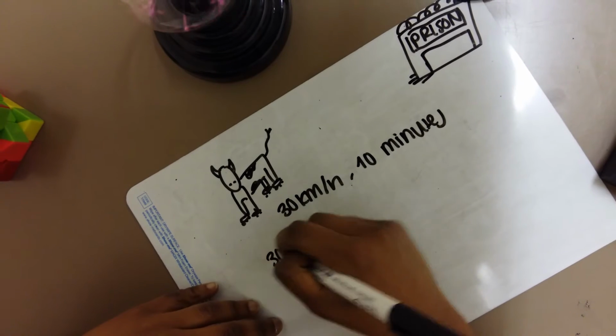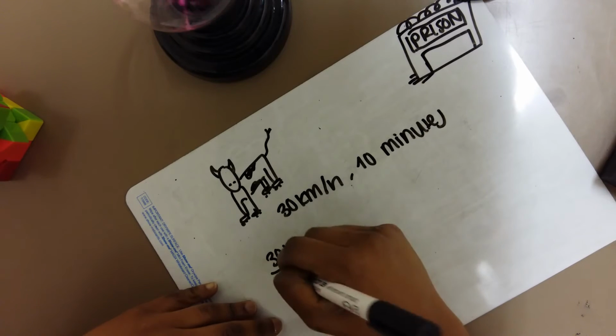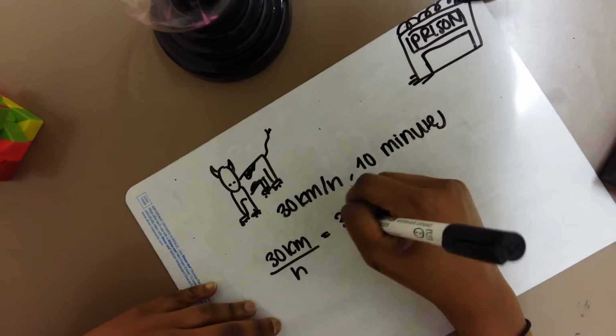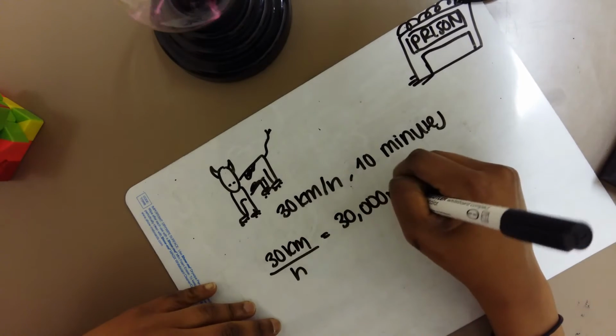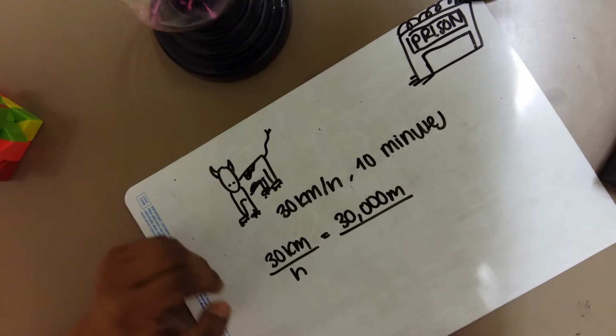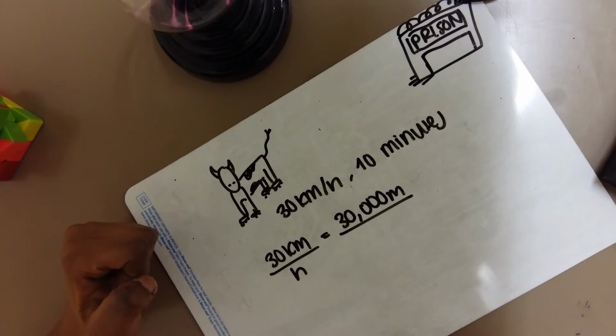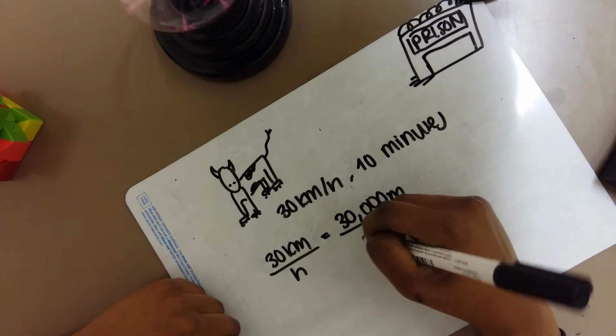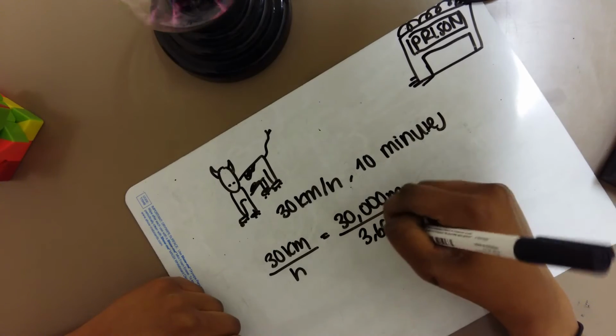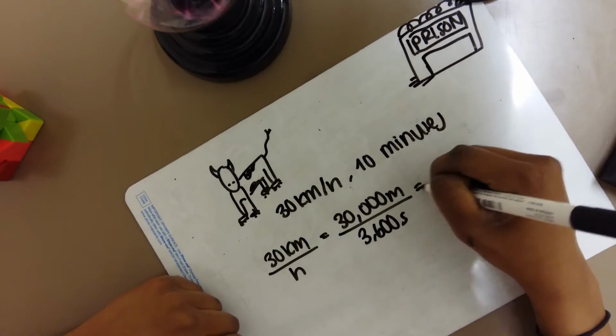So let's get 30 kilometers per hour, so we can get 30,000 meters divided by, and there are 60 minutes in an hour and 60 seconds in a minute, so we can multiply the denominator by 3,600, which is 60 times 60 seconds.